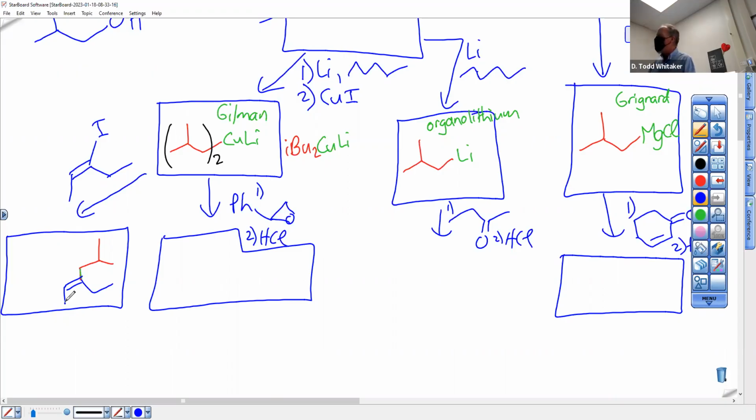And my double bond would have the opposite geometry when I was finished. Here, the carbon group went exactly where the iodine was, in the same position. Yeah. Makes the prediction even easier, right? You copy the alkene, except for the iodine, and in the iodine's place, you put the new group, and you're done.